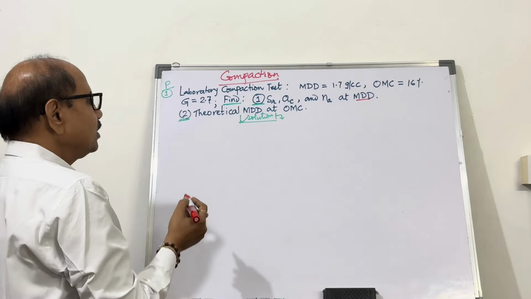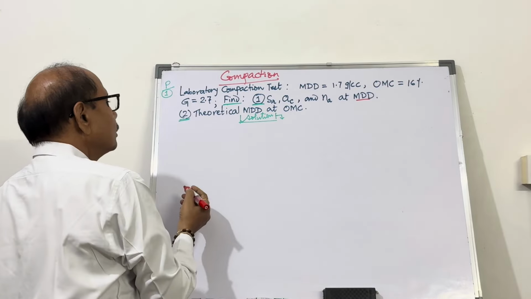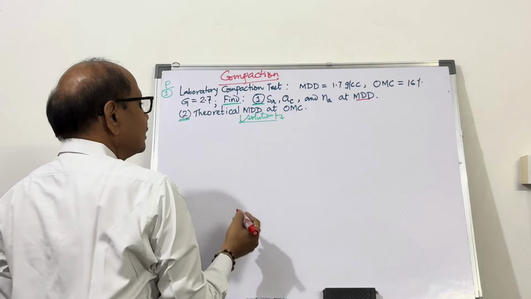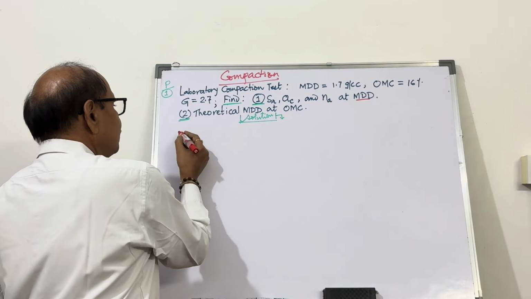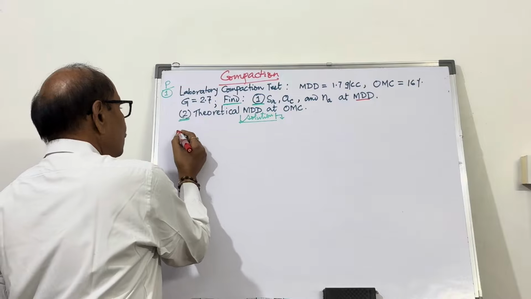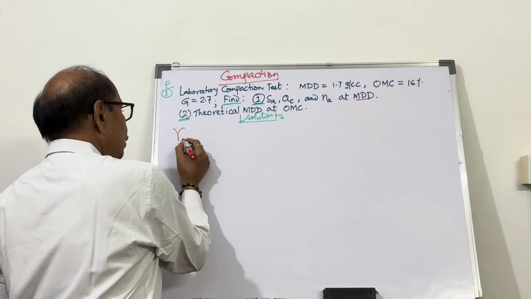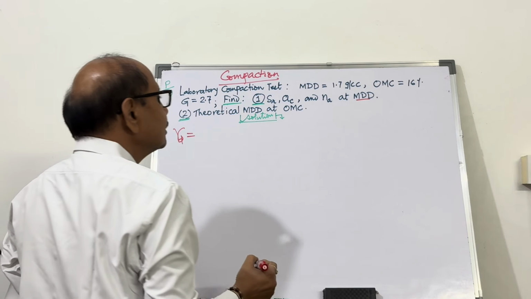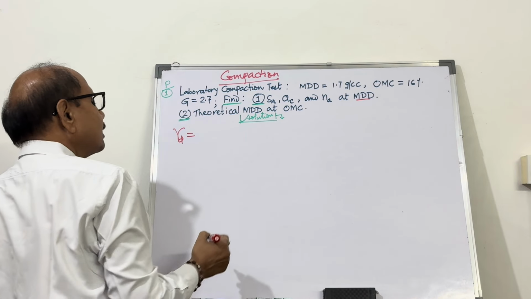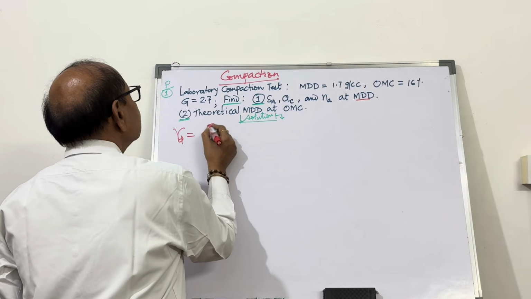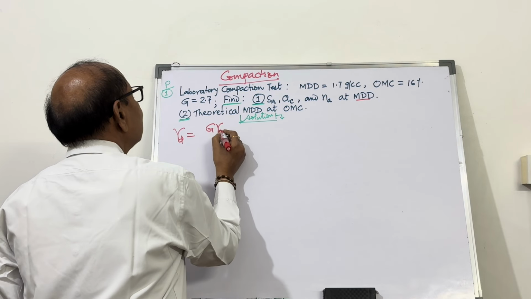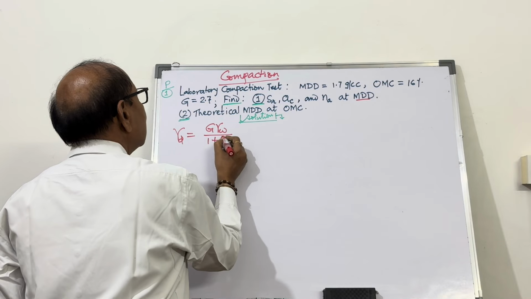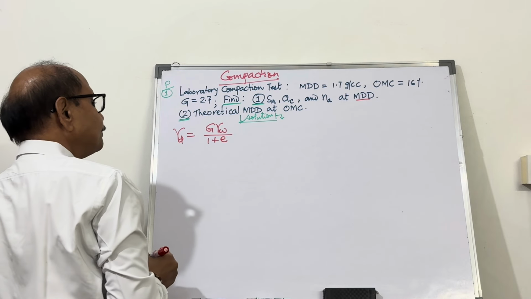So how to attempt this problem? The problem is quite simple. As you can see, MDD is given. So maximum dry density is known to you. So gamma d, as you know, in laboratory compaction test, can be written as G gamma w upon 1 plus e.